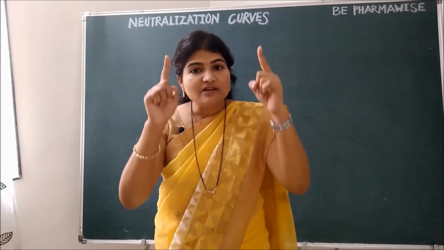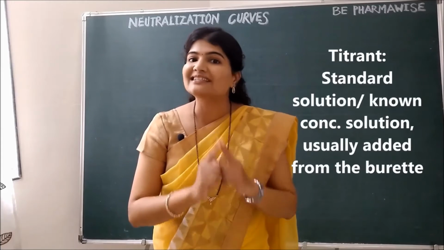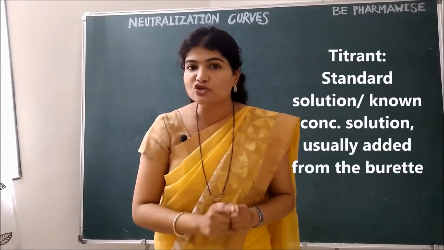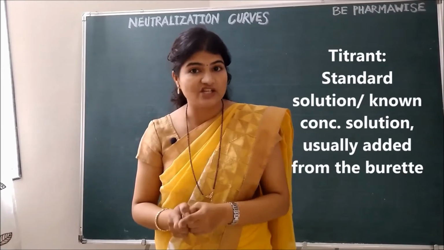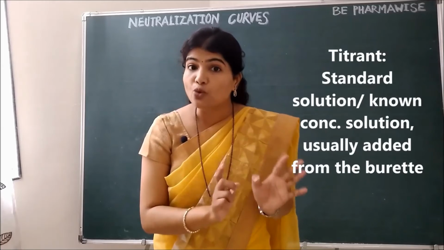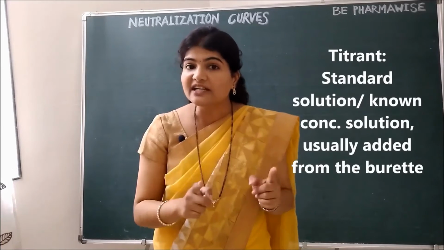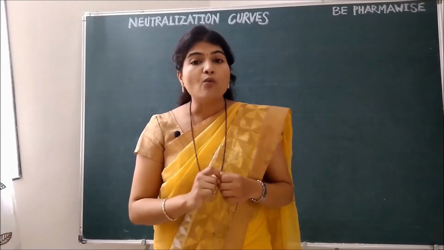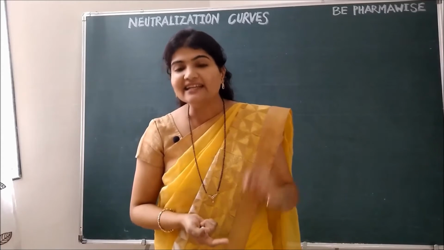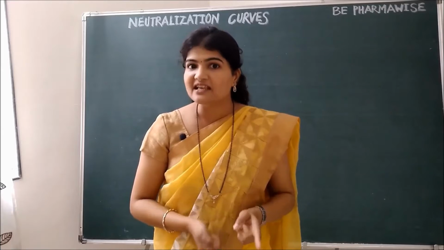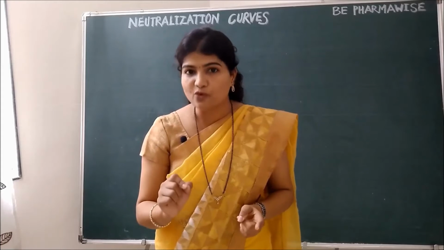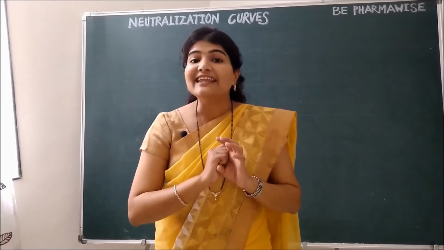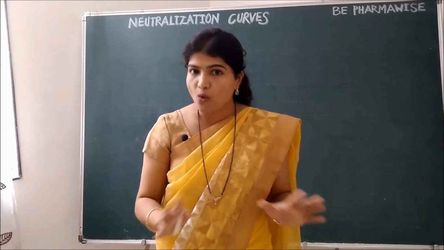Then we fill the burette with a standard solution. Standard solution is nothing but the solution of known concentration. So the concentration is known, it is standard, it is filled in the burette, and it is referred to as titrant. Now when the reaction between titrate and titrant starts, at the equivalence point, both their quantities are equal and the reaction of neutralization is over.